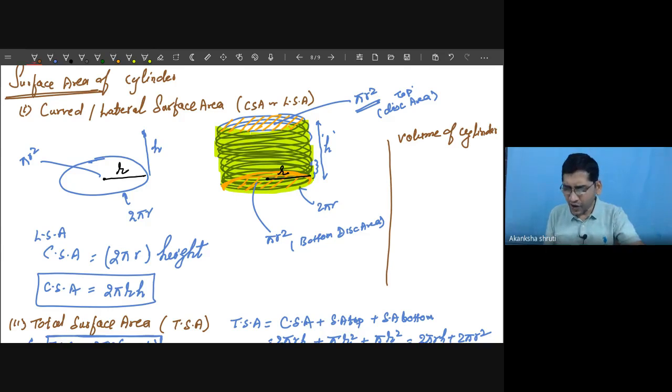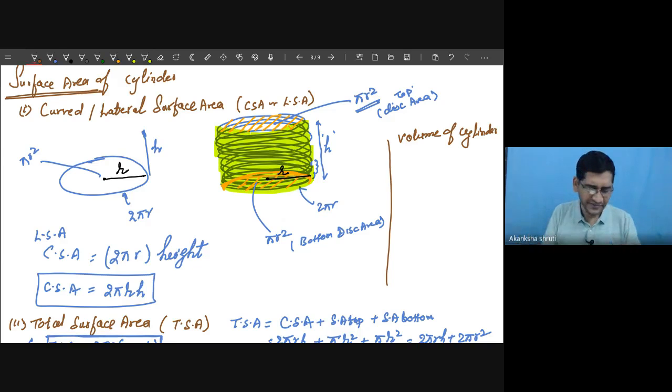It means for considering the space occupied, I need to multiply this pi r square, which is the area of a disk, with the height h, rather than 2 pi r. So multiplying 2 pi r with h is giving the curved surface area, but multiplying pi r square with h can give us the volume.